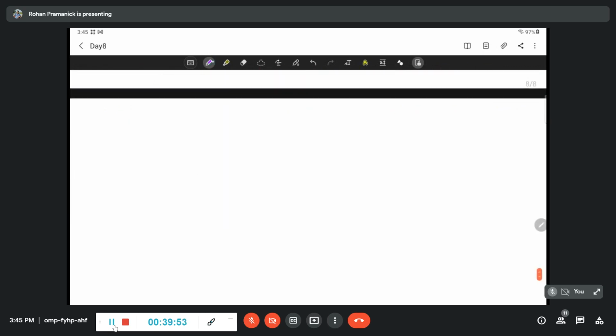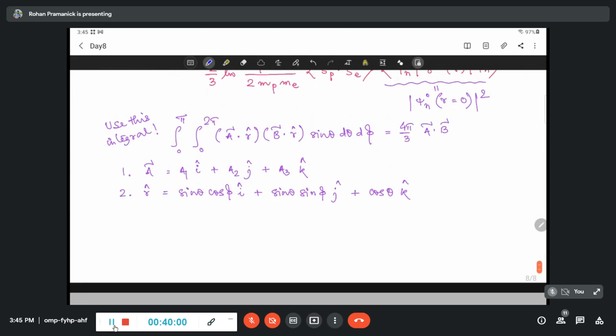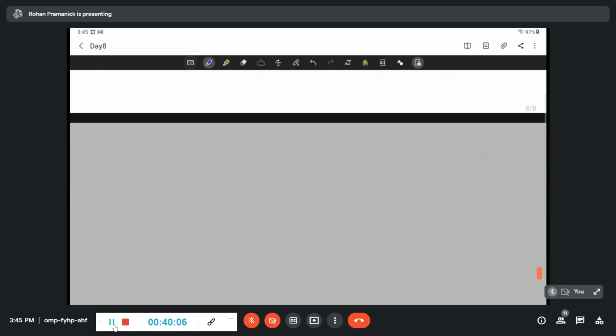You can eventually verify whatever I am saying using this formula I have written over here. If you work out the 3 S_p dot r terms and all these kind of things, you will see that this will cancel out.